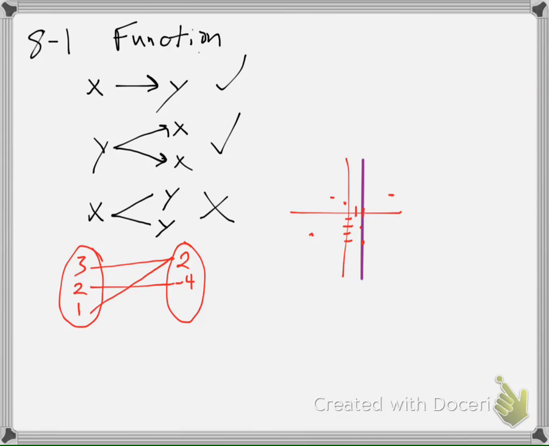Anytime you have 2 points on the same vertical line, that means you have a single x value matched with more than one y value. So that's why the vertical line test works. If you have a set of ordered pairs, you can also just look for a repeated x value. If an x value is repeated, it's most likely partnered with more than one y value, which means it's not a function.